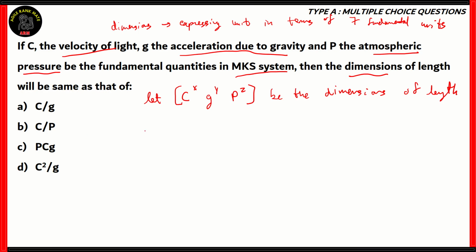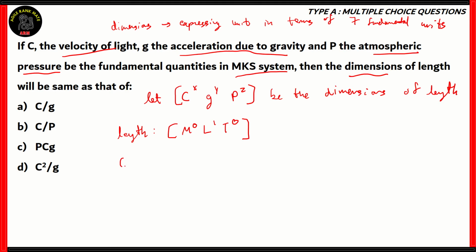Now, in the original system of dimensions, length is represented as M raised to 0, L raised to 1, T raised to 0. Since length is a fundamental quantity of its own, it's only represented by L to the power 1.